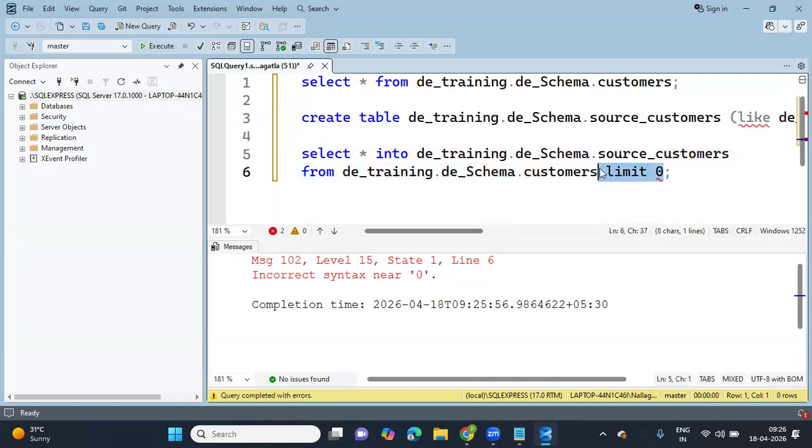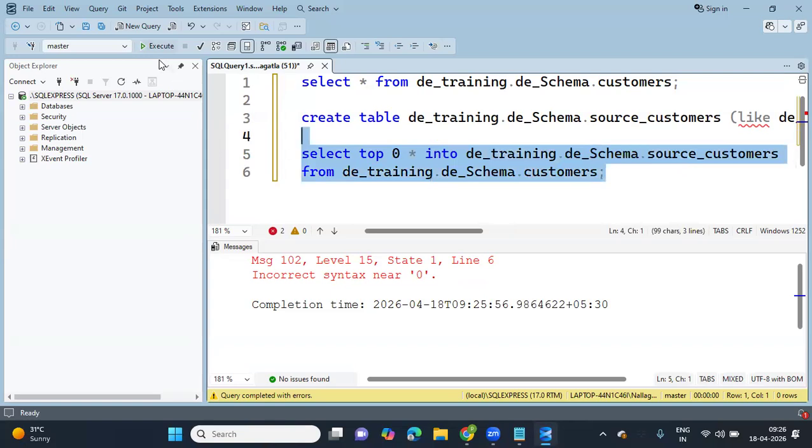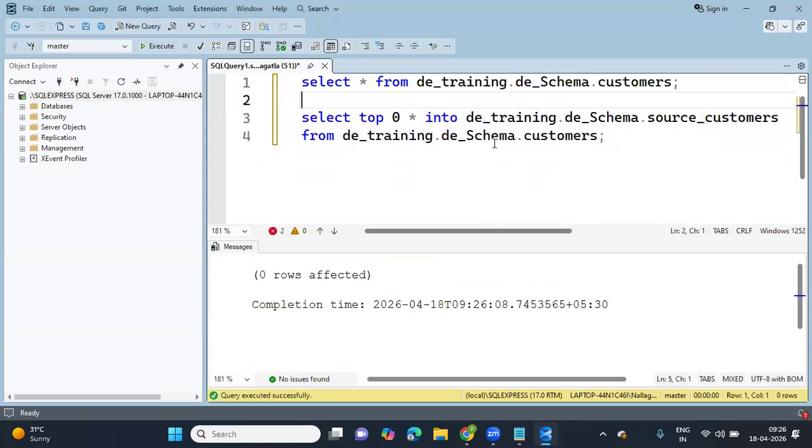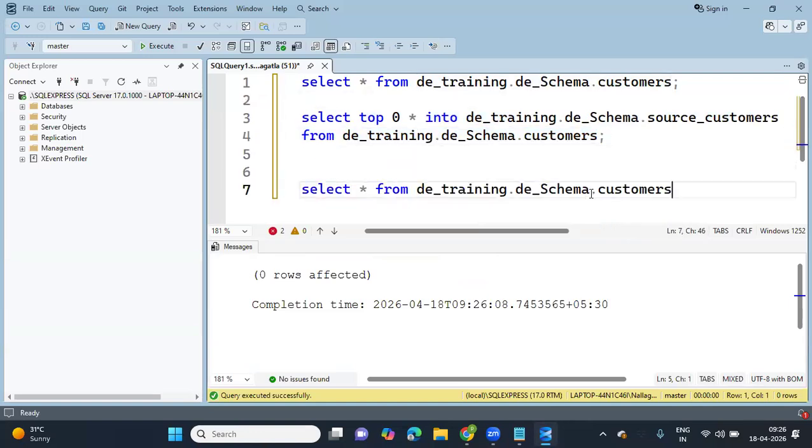Okay, here limit doesn't work. Select top 0. Let's see this. Okay, so the table is created without any data. Let's remove this. I'm just trying to create a structure. Select star from this source table now.